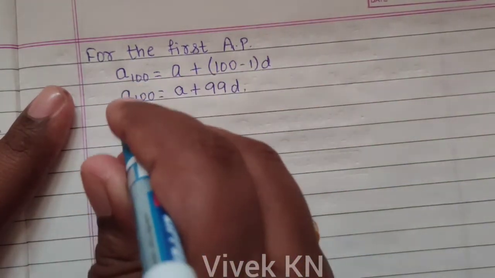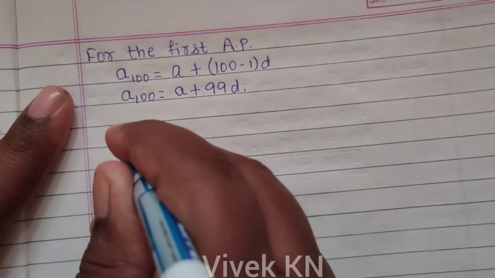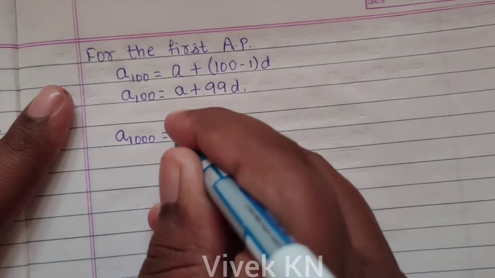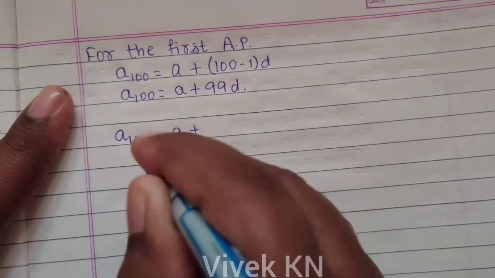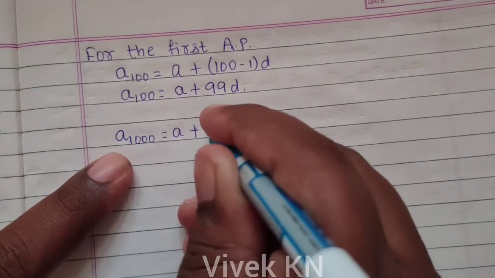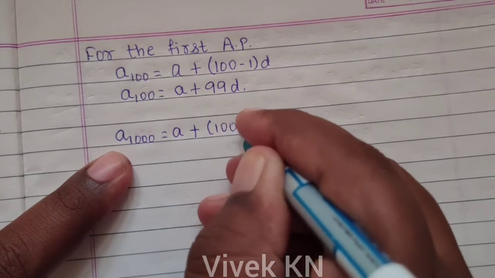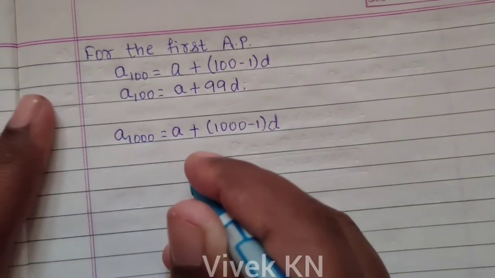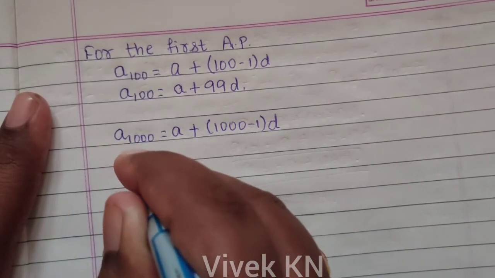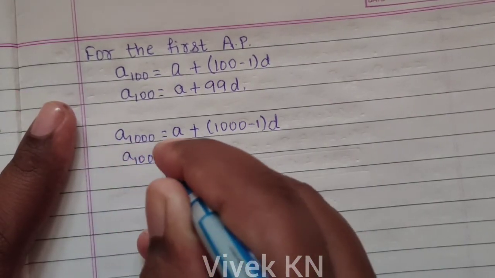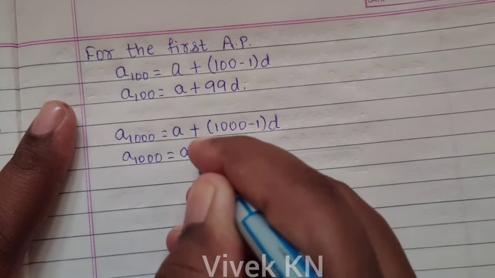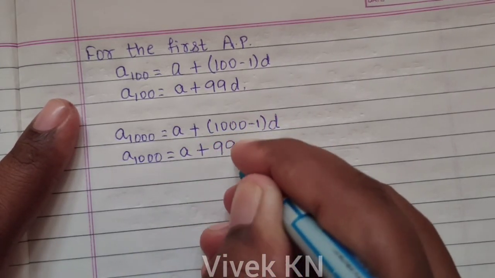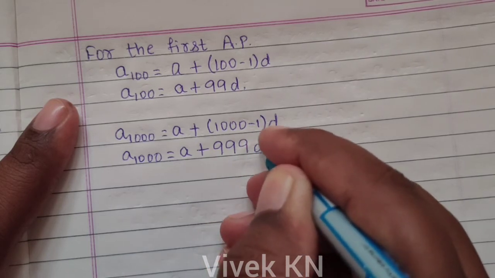Similarly, we have to calculate the 1000th term, that is equal to a plus the n value is 1000 minus 1 into d, that is a1000 is equal to a plus 1000 minus 1 is 999d.